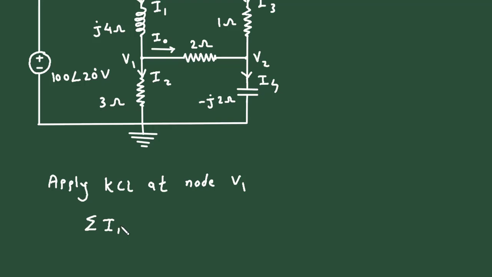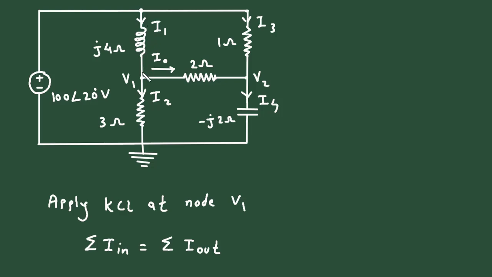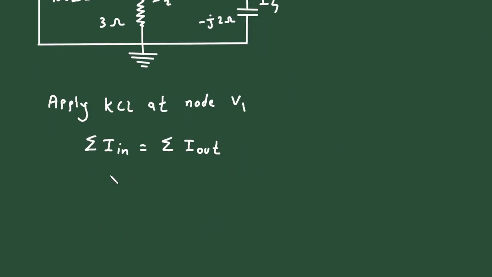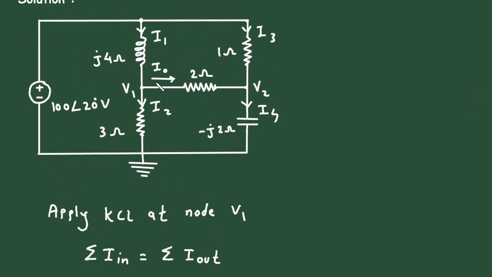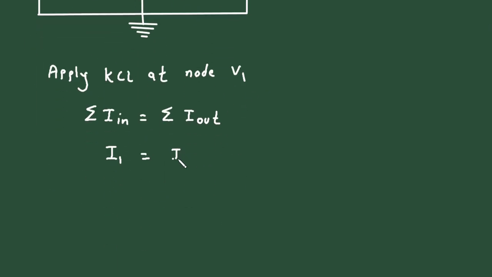Summation of all the currents entering a node is equal to summation of all the currents leaving the node. Now here we can see at this node entering current is this I1. So let's write I1 is equal to now leaving current at this node, this I2 and this Io. So I2 plus Io.